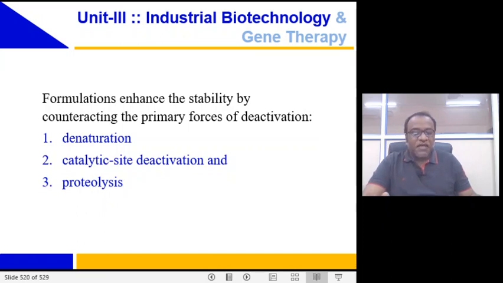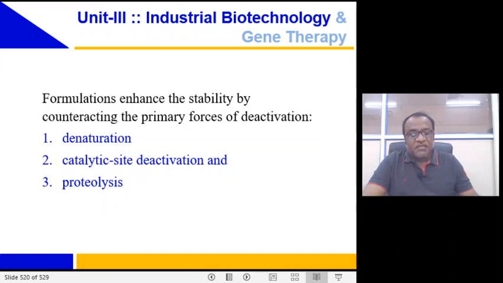So that is done by adding water associating compounds such as sugars, polyhydric alcohols, and lyophilic or lyotropic salts. So they preferentially exclude or detach water molecules from the protein surface. So the protein becomes more compact.